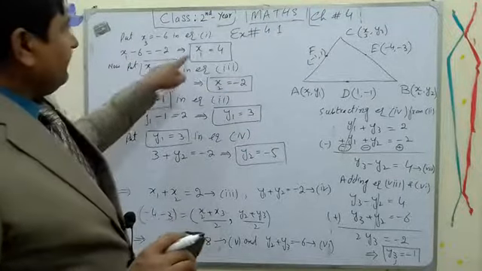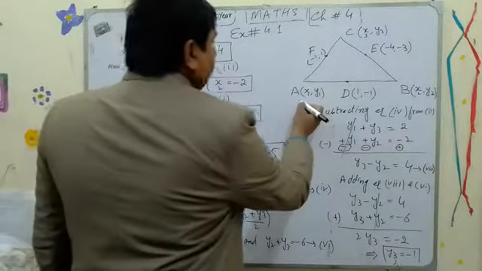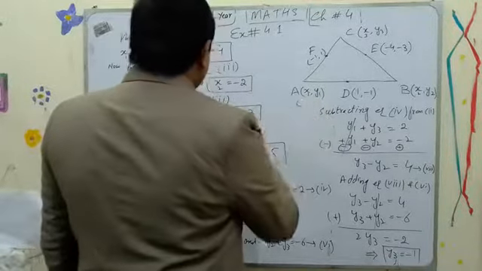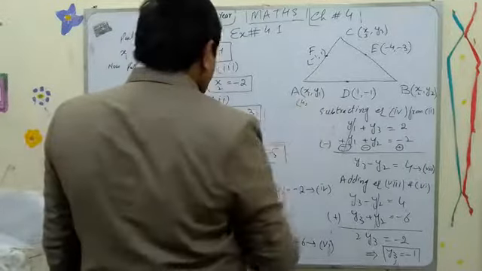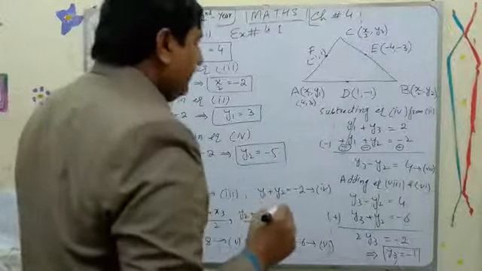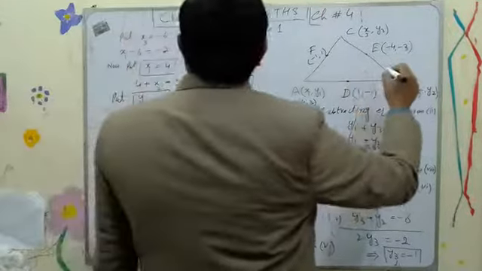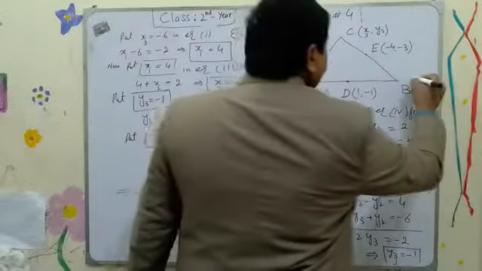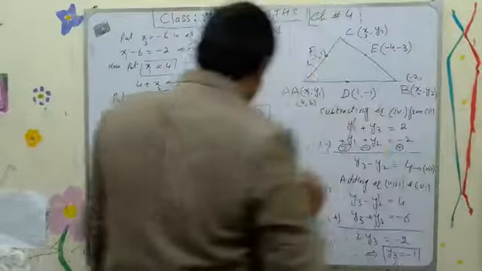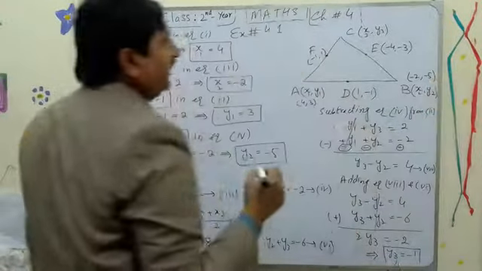Vertex x1, right? x1 is 4. At the end I just have to show you, I write the values. x1 is 4, and y1 is 3. So this is a vertex of the triangle, and the next vertex has x2 and y2. What is the value of x2? That is minus 2. And what is the value of y2? That is minus 5. These are the coordinates of the second vertex.